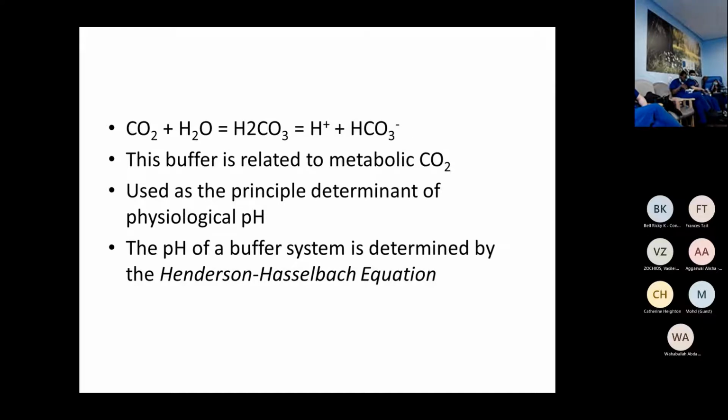The CO2 and water can combine to form carbonic acid, and that can dissociate into hydrogen ions and bicarbonate ions. We can see how the kidneys can be involved at one end with either reabsorption of bicarb or excretion of hydrogen ions, and we can control our PaCO2 through our alveolar ventilation on the other.